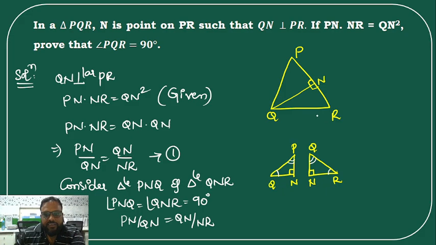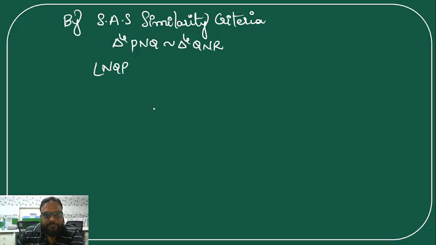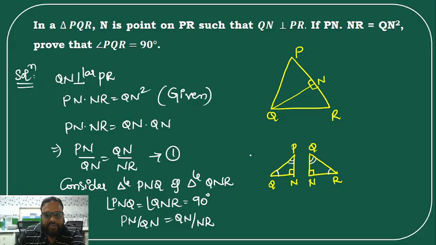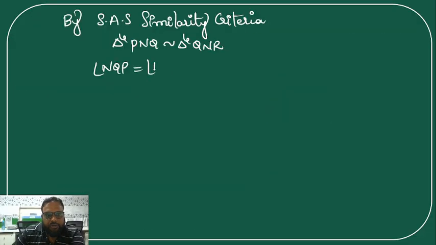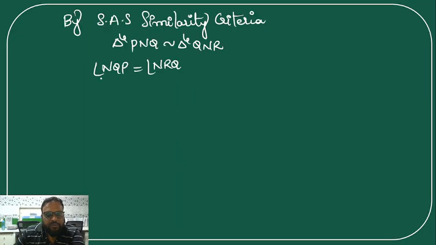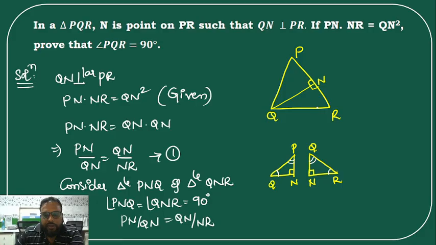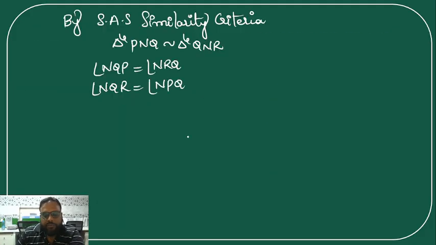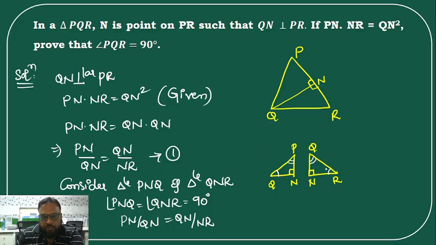So I can write angle NQP is equal to angle NRQ, and the next one, angle NPQ is equal to angle NQR. So angle NQR is equal to angle NPQ.